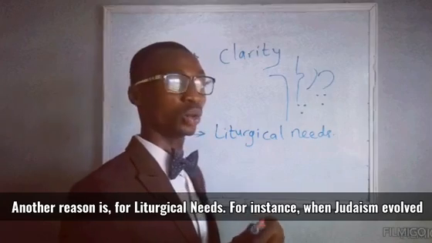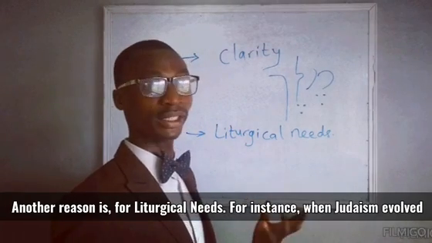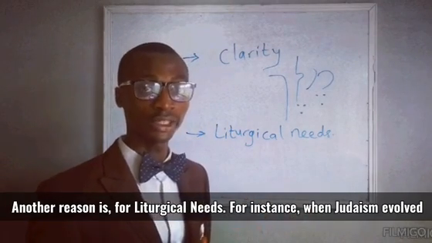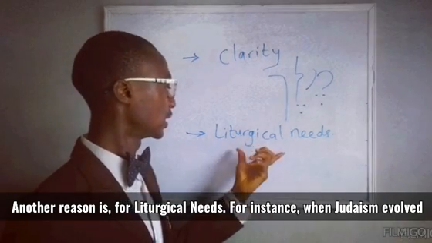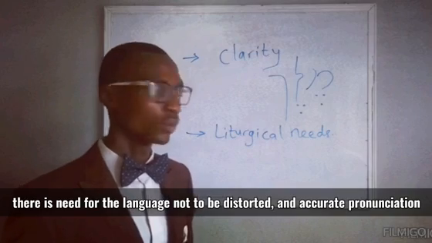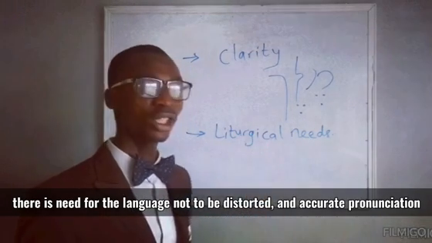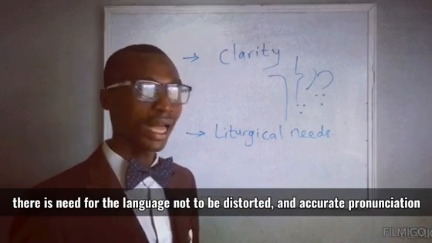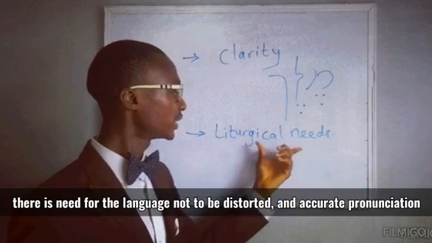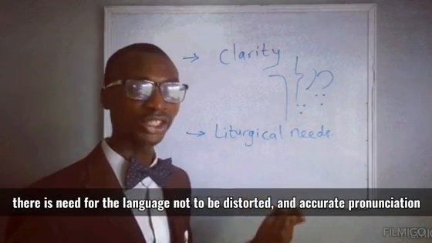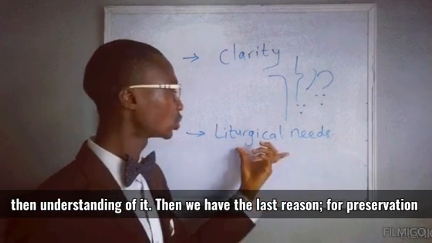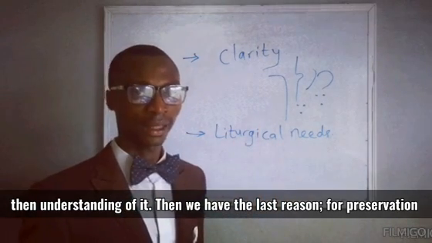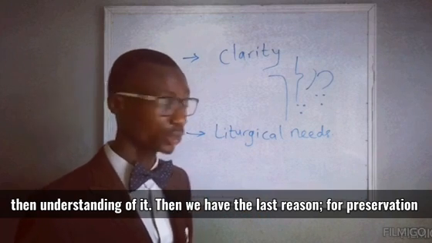Another reason is liturgical needs. When Judaism evolved, there was need for the language not to be distorted, and for accurate pronunciation and understanding of it. So for liturgical needs, the vowels were introduced.